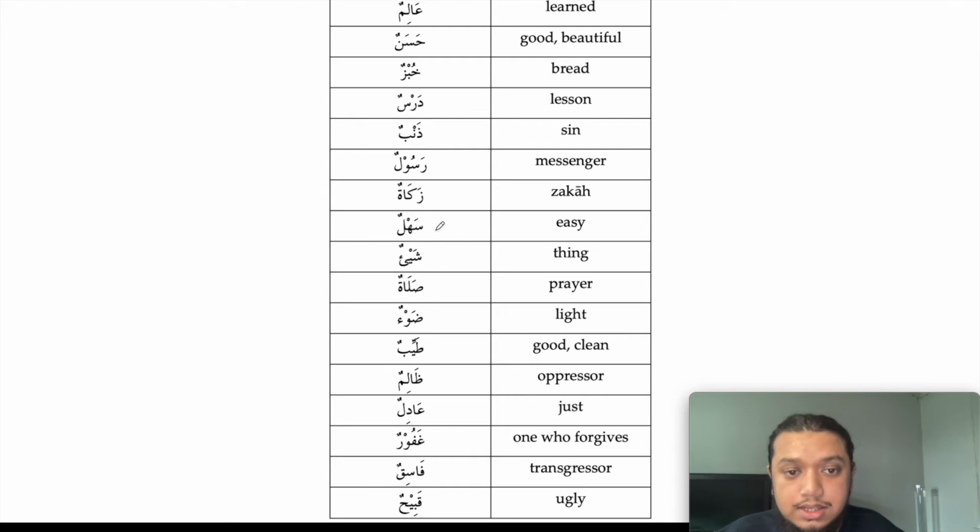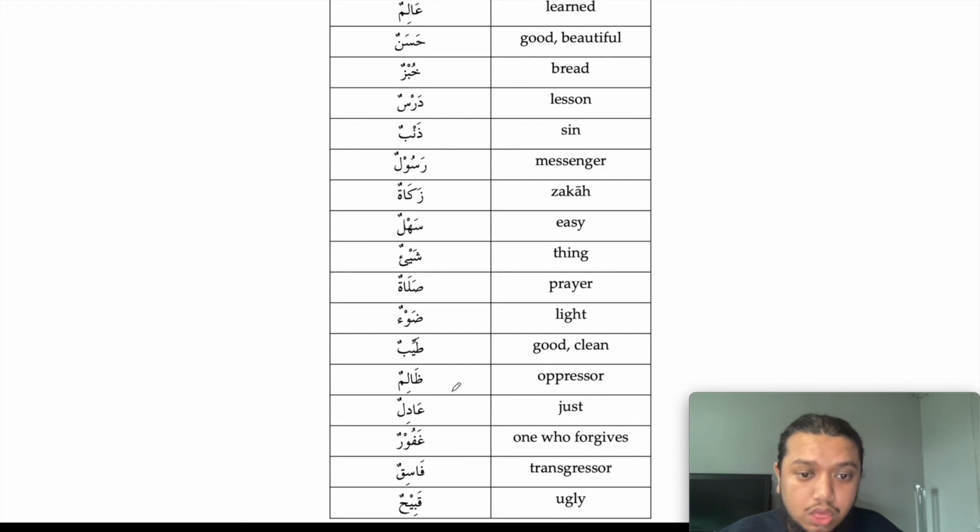Sahlun is easy, an easy thing. Shay'un means thing. Salatun means prayer, the salah. Daw'un means light. Tayyibun means good or clean, depending on context.